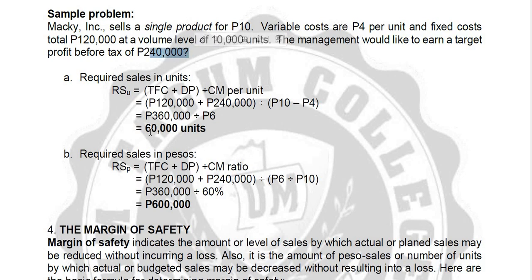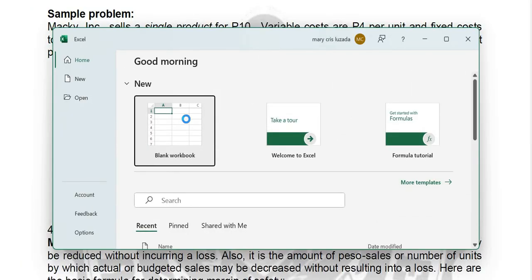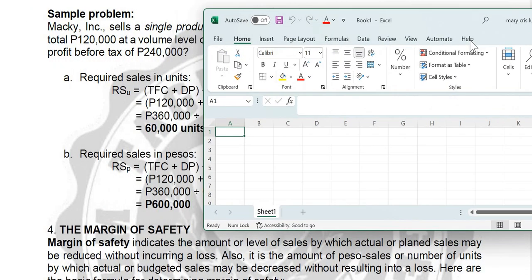So, actually, class, you can check whether our computation is correct. Pwede nating i-check kung tama ba na at 60,000 units na sales volume, makaka-earn ka ng 240,000 na profit before tax. So, let me just open an Excel file to be able to demonstrate that.